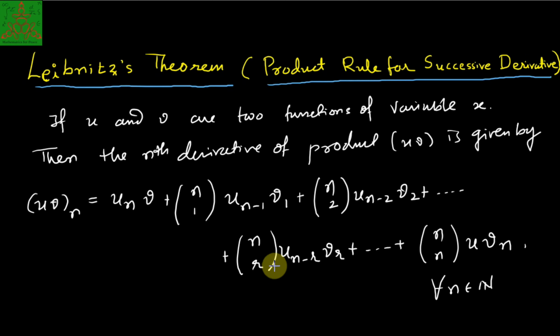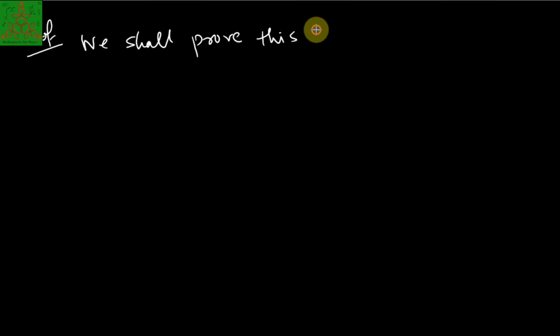So this is known as the product rule for successive derivatives. We're going to prove the statement using mathematical induction, PMI.